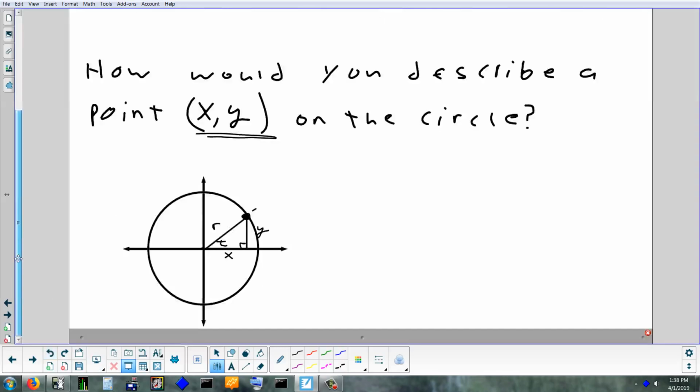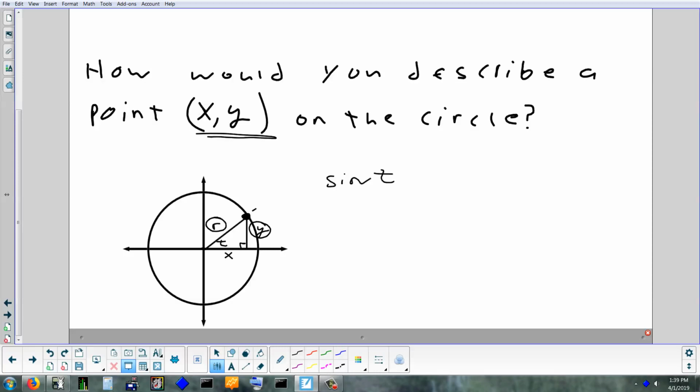Now, let's think of a formula for y. From the perspective of T, what is the name of the side that we labeled as y? Opposite. What about the side we labeled as r? Hypotenuse. Which trig function involves those two? Sine.